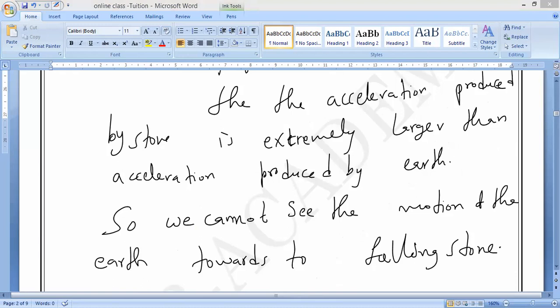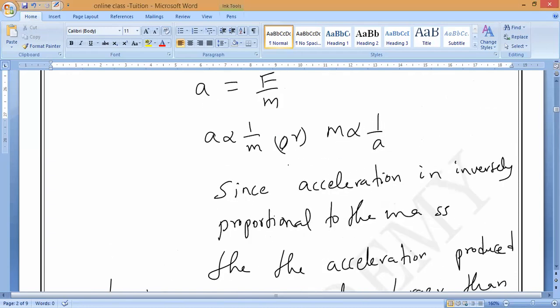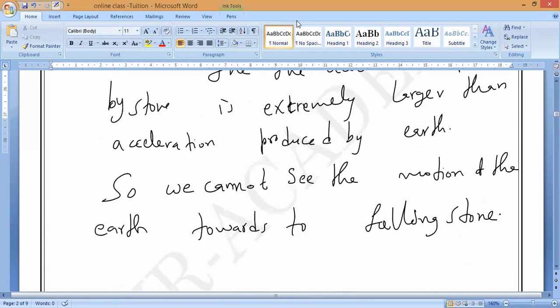Let them complete. Do you understand this concept? What is it, Newton's law of motion and gravitation? Clear? Any doubt, anybody?